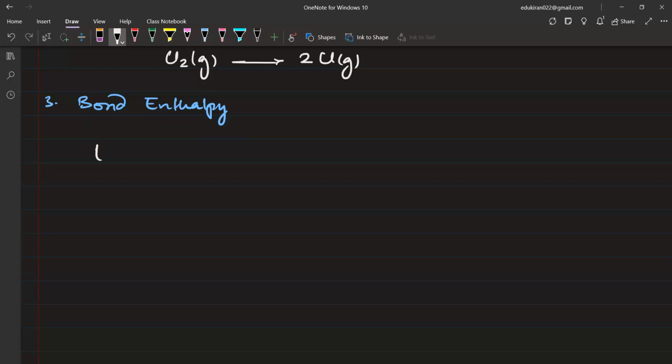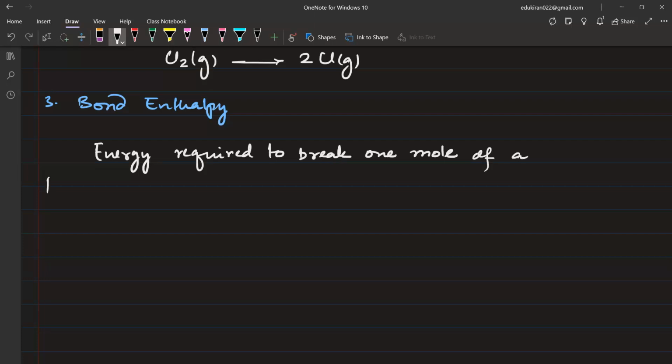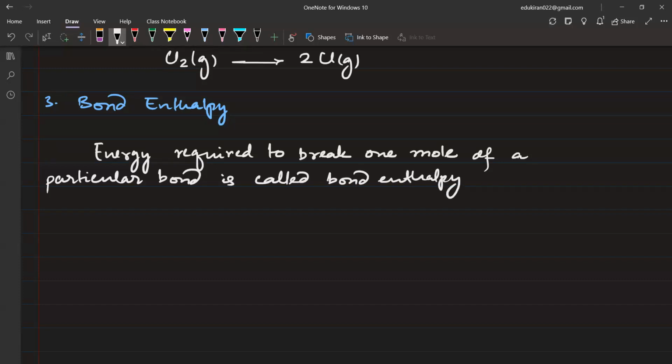Write the energy required to break, please write this with me, to break 1 mole of a particular bond is called bond enthalpy. Write this down quickly.